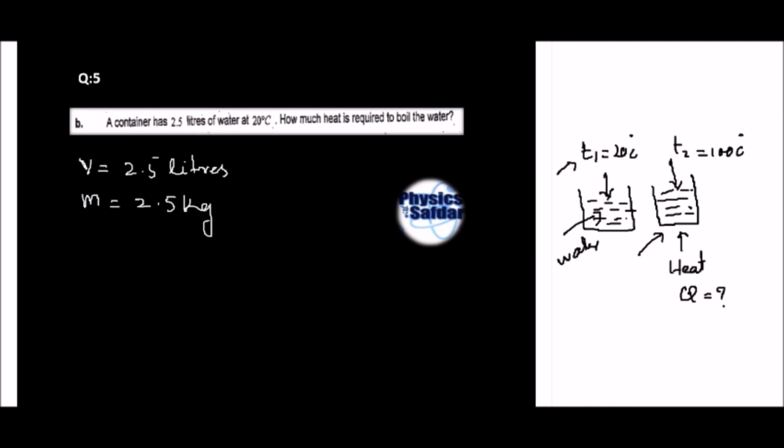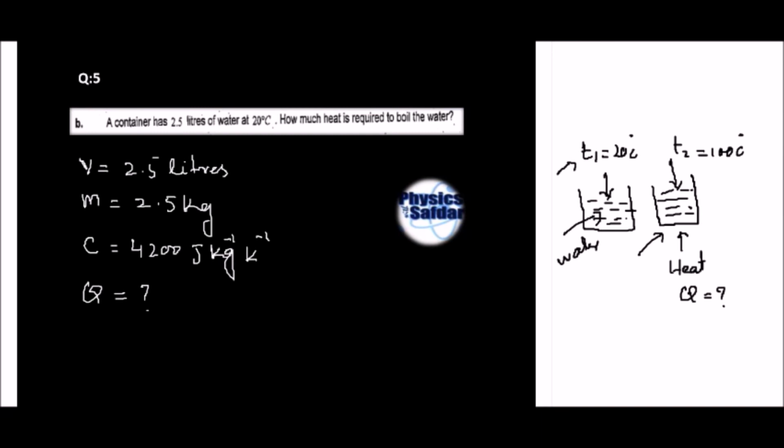Specific heat capacity of water. It is not given in the question, but you need to remember this. 4200 joules per kilogram Kelvin inverse. And you need to calculate the heat required, that is Q.